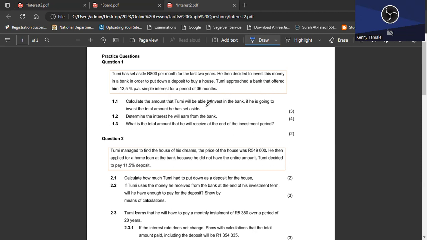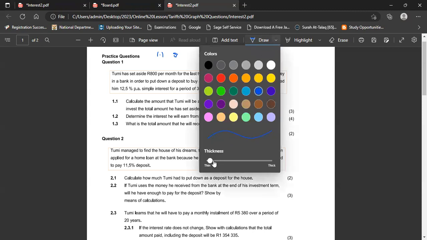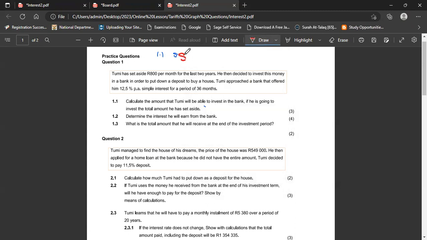All right. So all we need to know is we get the 800. 800 times the 24 months, because it's 2 years and this money was monthly, which becomes 19,200.